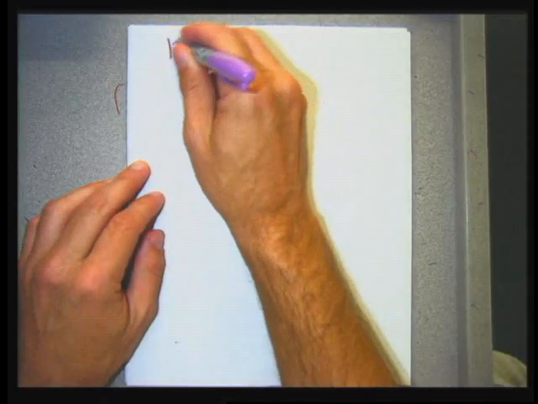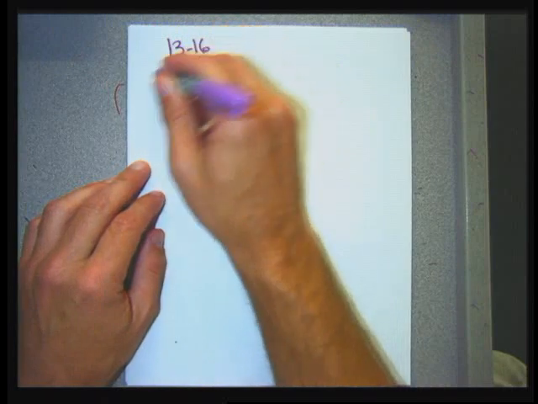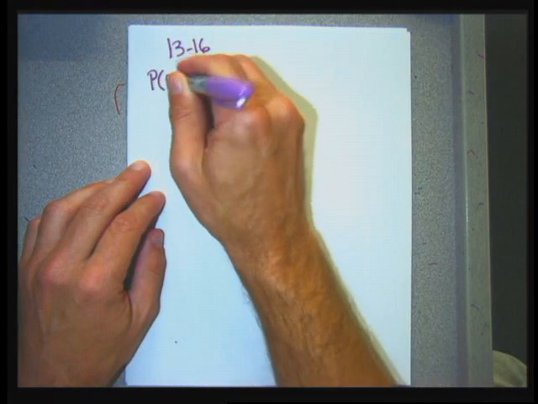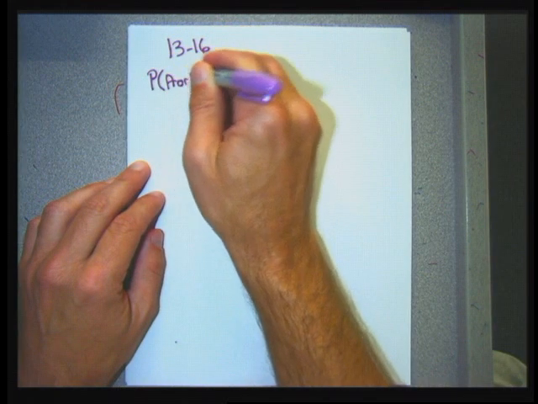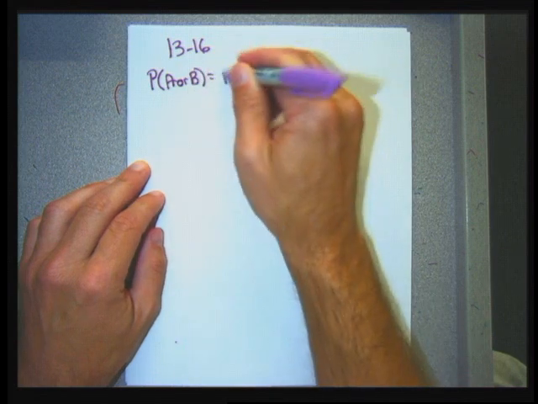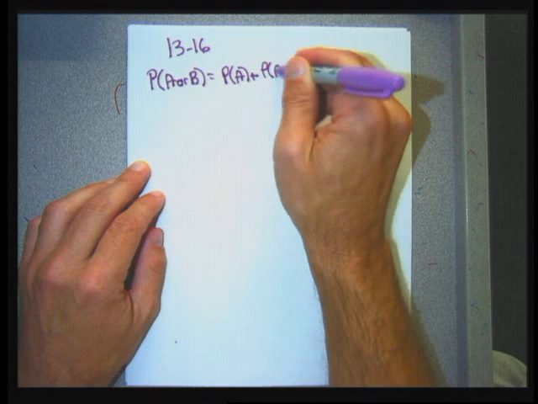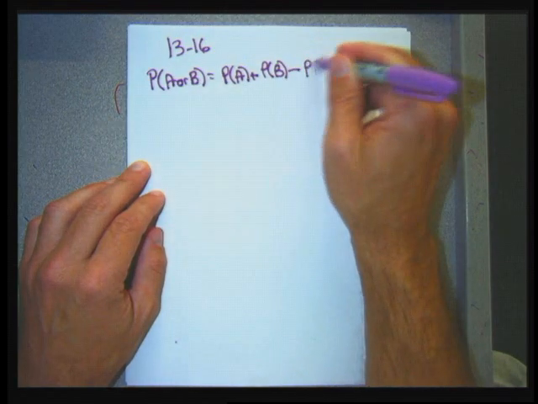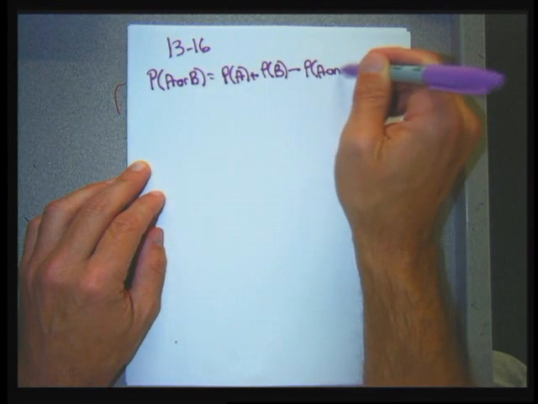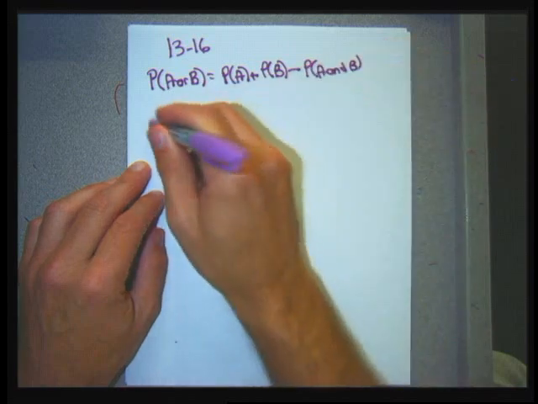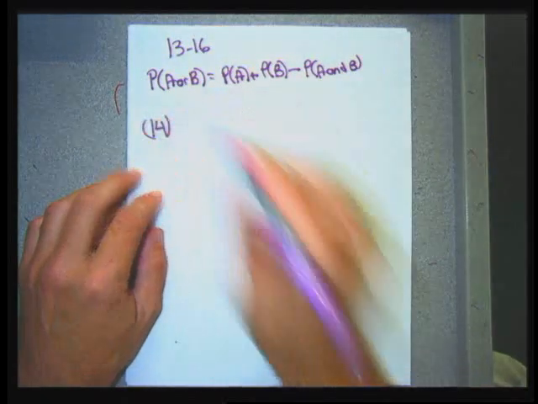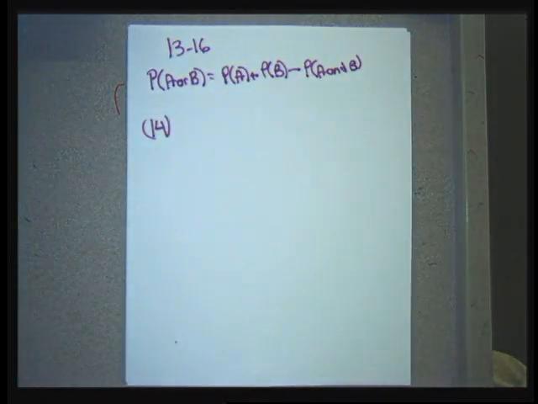So for problems 13 through 16, I'm using the formula, the probability of A or B equals the probability of A plus the probability of B less the probability of A and B. What the author gives me is 3 of these 4 values and wants me to find the missing value.